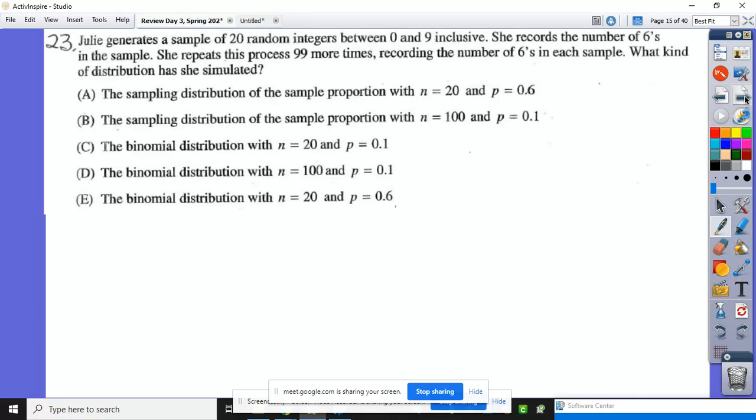Means I can't have 0, I can't have 9. She records the number of 6s in the sample. She repeats this process 99 more times, recording the number of 6s in each sample. So each time she selects a number, what is the probability that it is a 6?